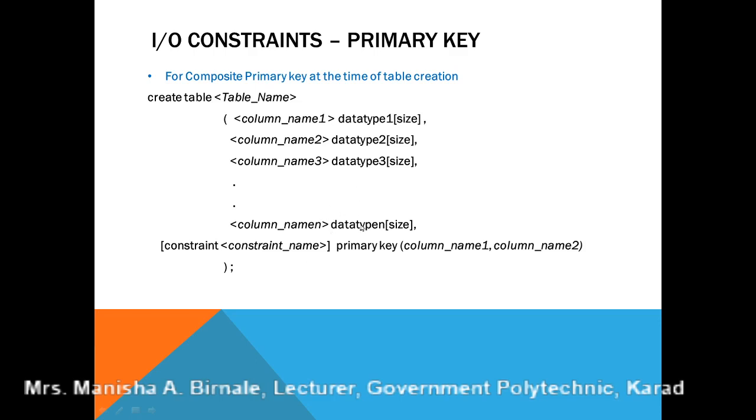After specifying all the column names and their data types, at the last you have to write a comma, then constraint, constraint name, again this is optional, then primary key, and in round brackets you specify the column names which will compose the primary key. Suppose column name 1 and column name 2 form the primary key. So within round brackets column name 1 comma column name 2 is specified. So this is the syntax for creating a composite primary key.